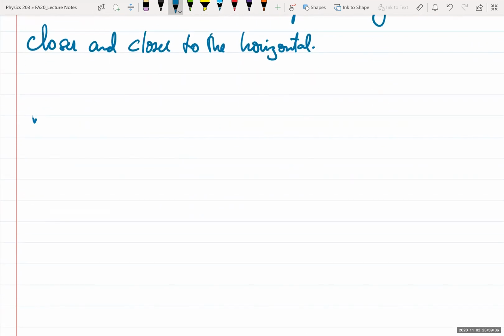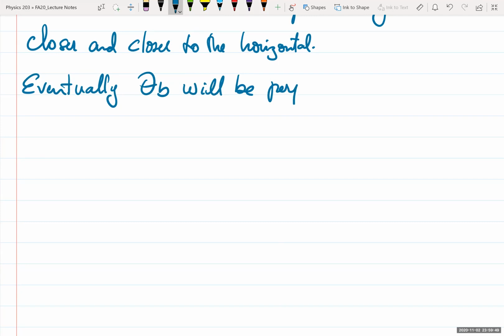Eventually theta B will be perpendicular to the normal, and we're going to do a lab on this.